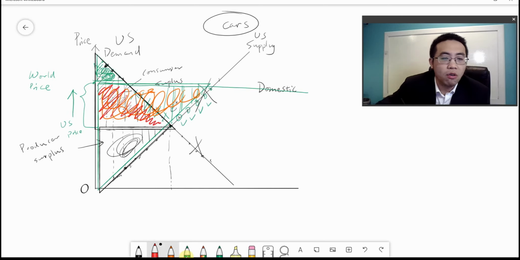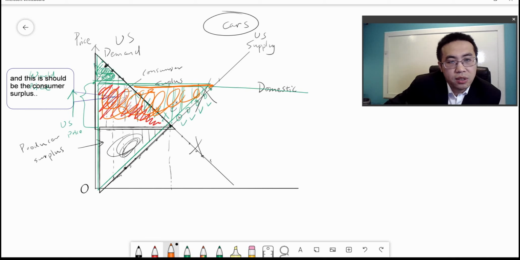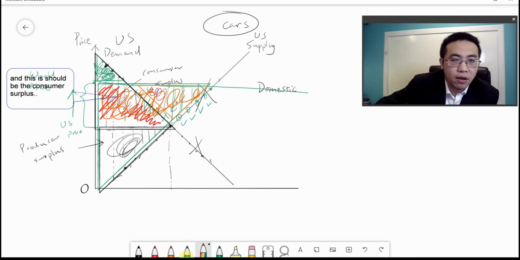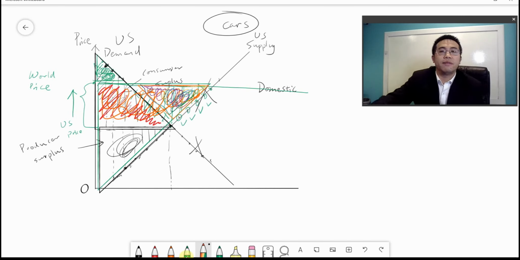So the overall gain is the additional surplus minus the reduction of the other surplus. So this is the overall gain of the economy. Sorry, it's getting a little bit messy, but you should know the idea that this triangular area is the overall gain of the economy.